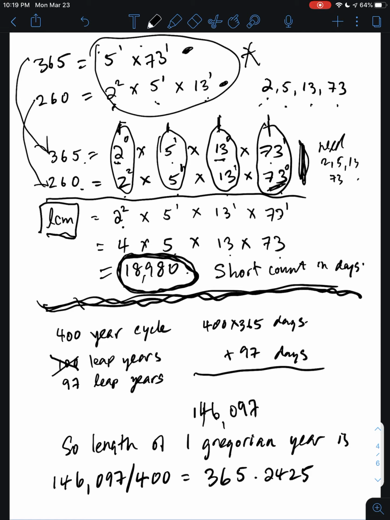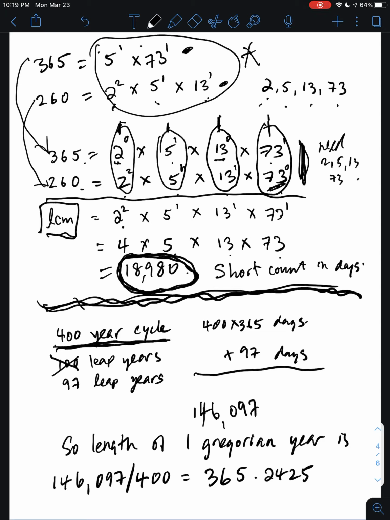Just so I get a sense of how long a short count is in a more familiar measuring unit that we use, years. So in order to do that, I'm going to first look at how long a complete cycle in the Gregorian calendar is: 400 years.